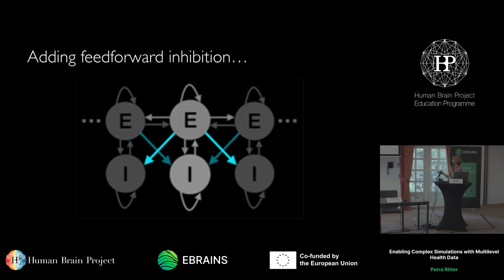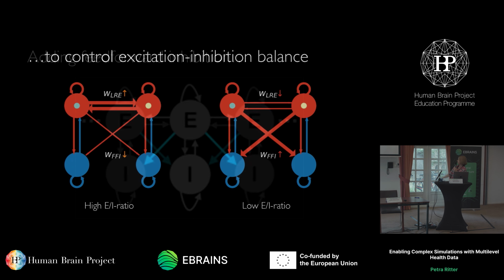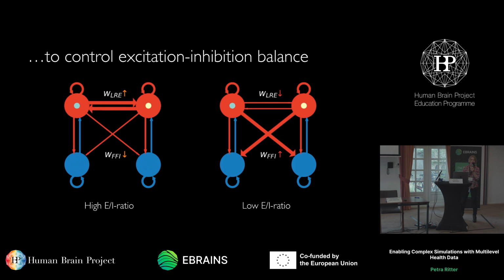And interestingly, with this, we have now a ratio of long-range excitation to long-range feed-forward inhibition that we can tune in our models. And this is illustrated here. So here you see the thick lines show a strong long-range excitation between these nodes. And the thin lines here, I don't even see my pointer now.